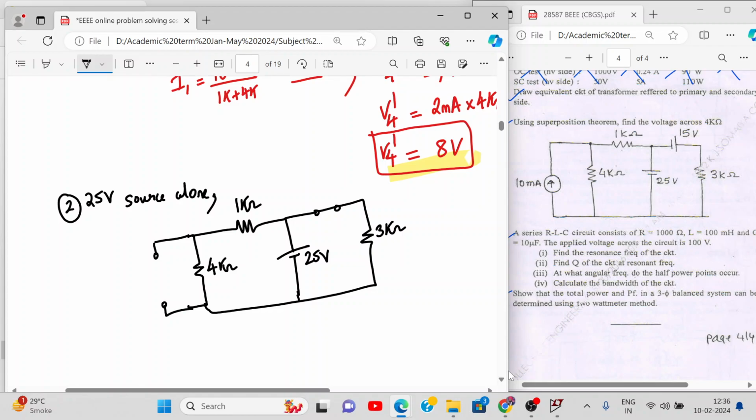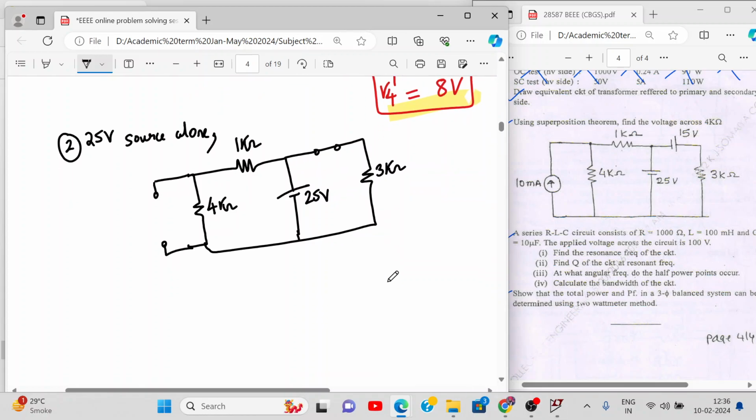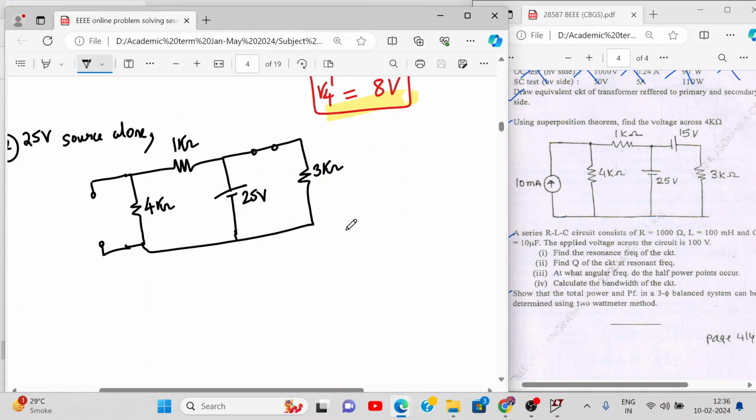Anyone? Come on, tell me. It's very simple. Do we apply any analysis over here, or we can directly find this? Yeah, how do we proceed?